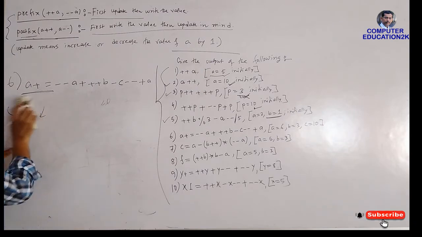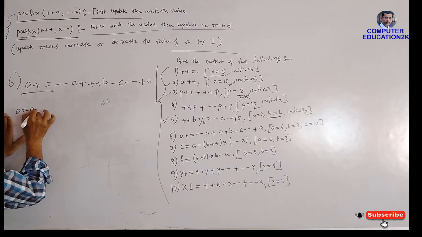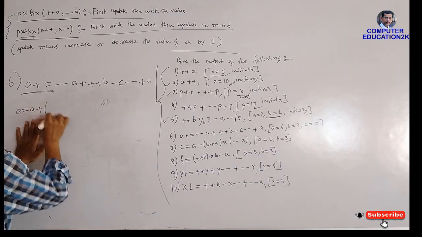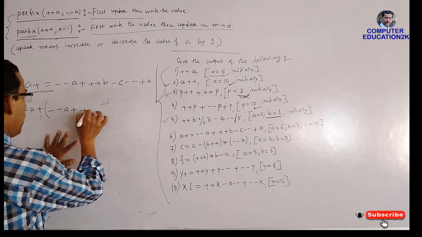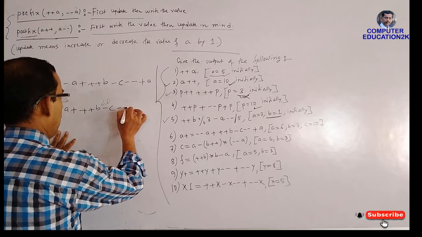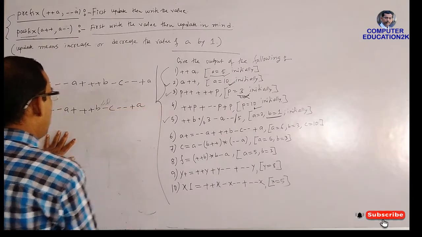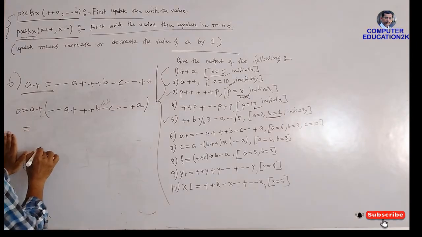So you will write like this first: a equals to a plus, then you give a bracket, minus minus a plus plus b minus c minus minus plus a. You can put the two plus or minus signs in brackets.